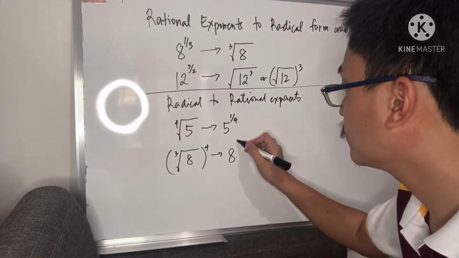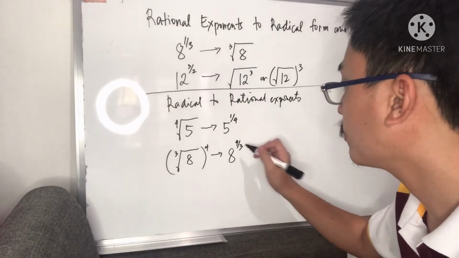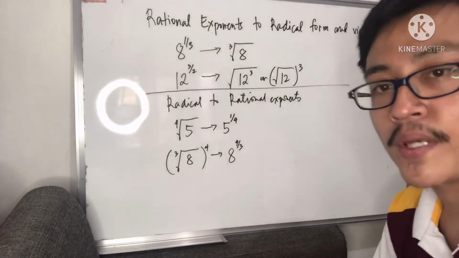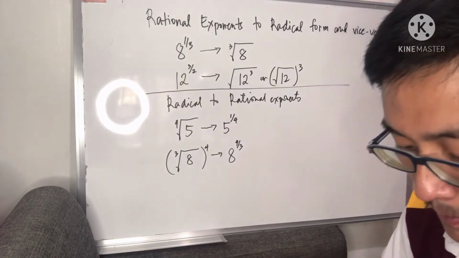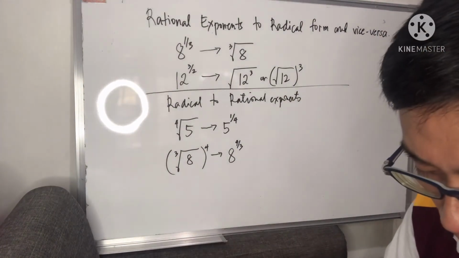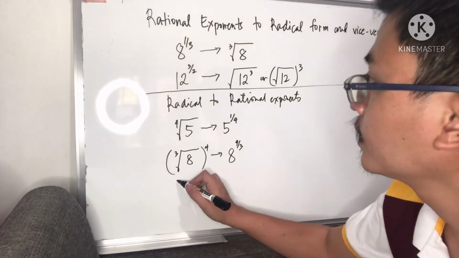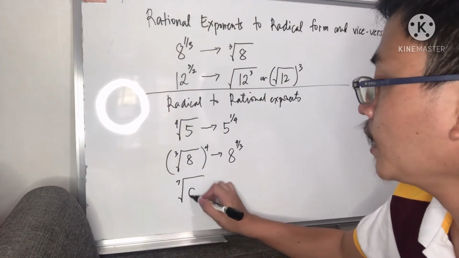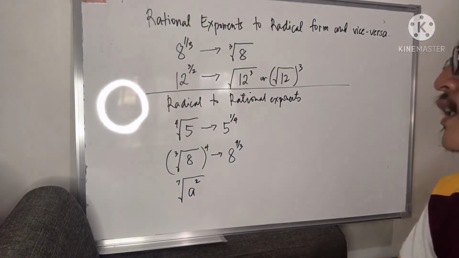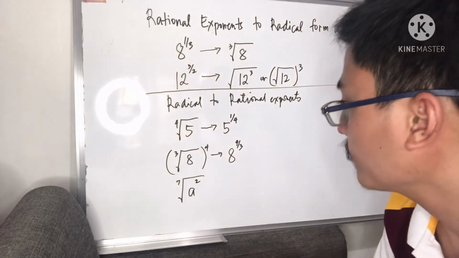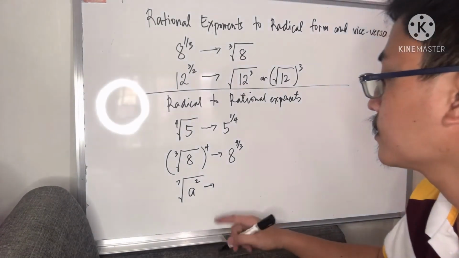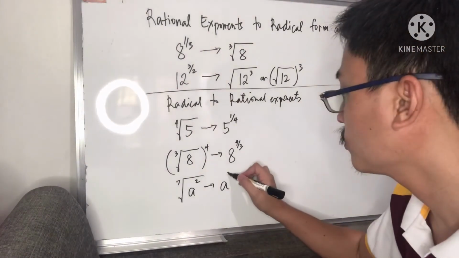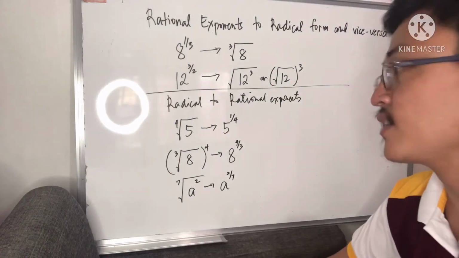So yung numerator is 4 over 3, or that is 8 raised to 4 over 3. Okay, and then last one, let's say you have the 7th root of a squared. O pwede ring variable, no? The 7th root of a squared, that is a raised to 2 over 7.